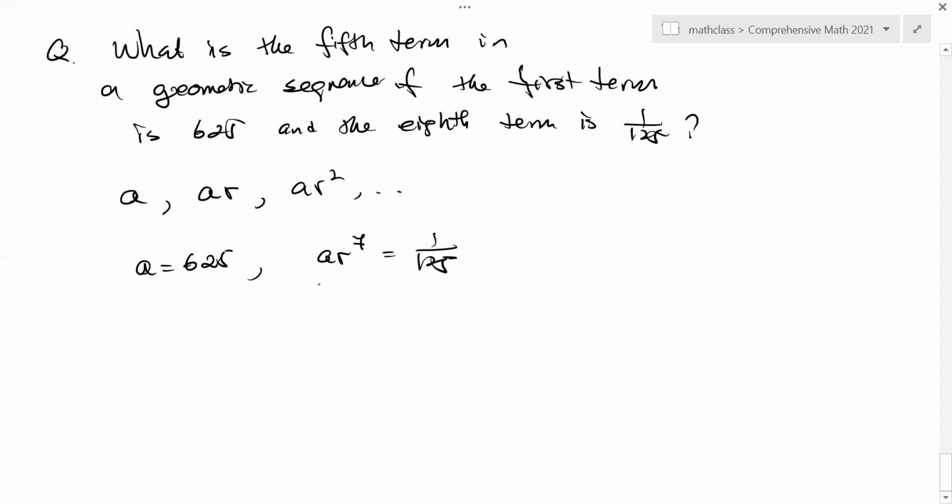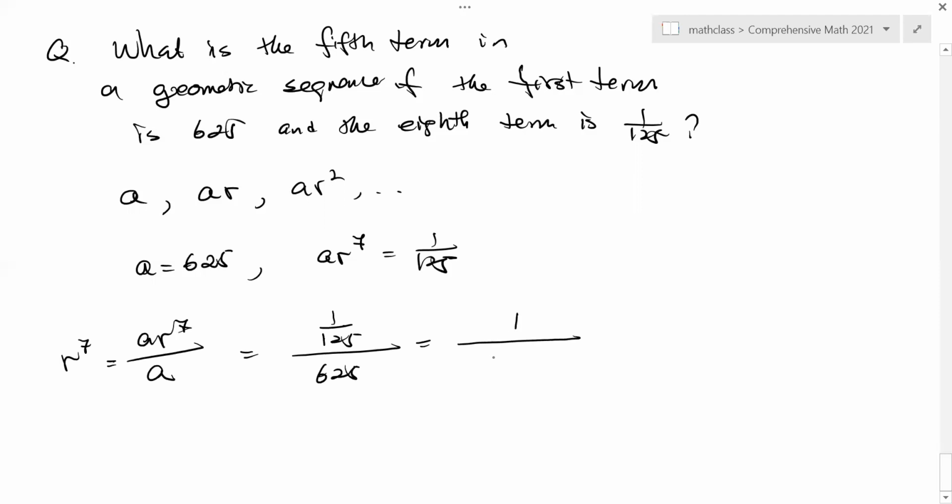The only way you can do is just get rid of the second one, right? a r to the 7th divided by a, okay? So r to the 7th is going to be this. And then each of them has a, you multiply them out. 625 times 125.